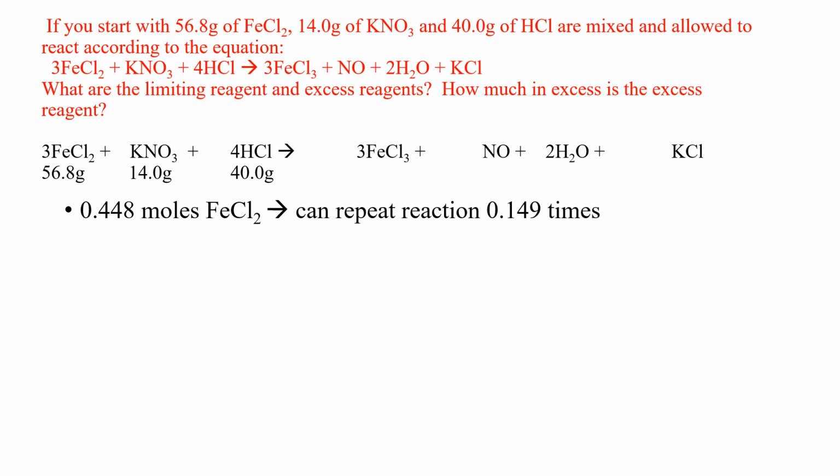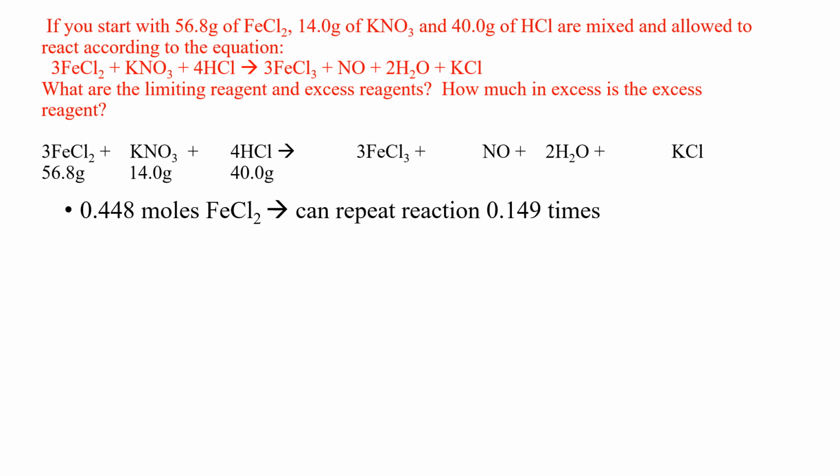So here, if I have 0.448 moles of iron 2 chloride, I should repeat the reaction or the recipe 0.149 times. Now, how do I come up with that number? It will be 0.448 moles divided by 3, because per recipe, per reaction, I need 3 iron 2 chloride. So 0.448 divided by 3, that's 0.149 times.